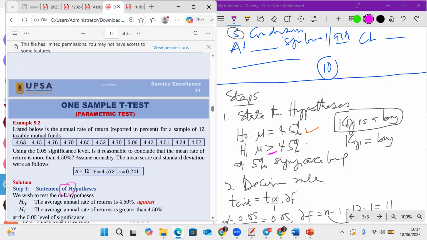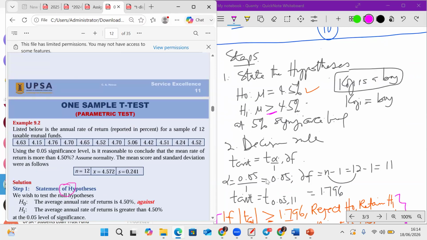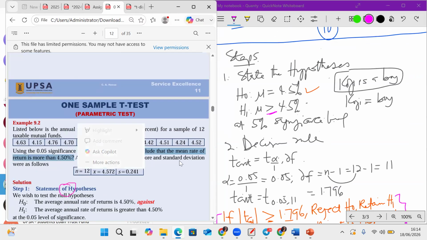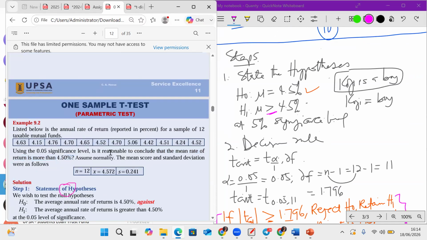Don't go and say at the 5% significance level, it is reasonable to conclude that the mean rate is, or don't go and say that at the 5% significance level the mean rate is 4.5%.